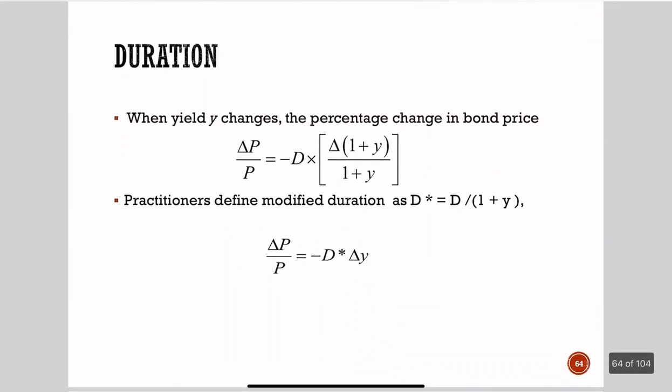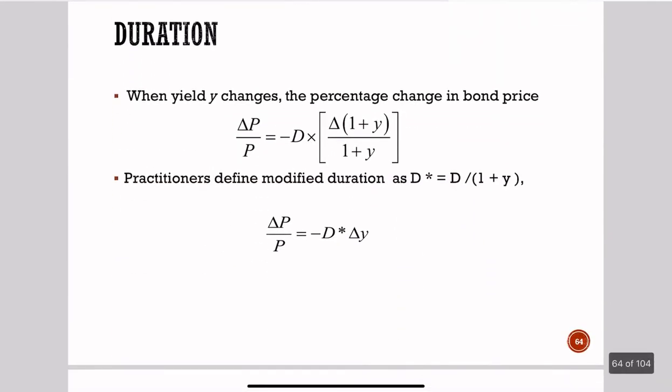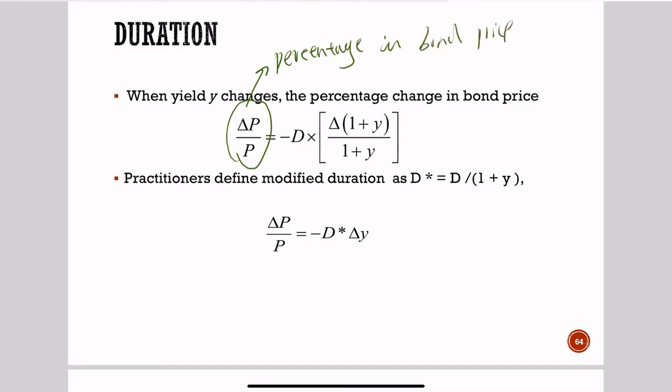So let's talk about the second benefit, why it is a measure of the interest rate sensitivity of the bond. Here we have this formula. The left-hand side, delta P divided by P, basically gives you the percentage change in bond price, right?